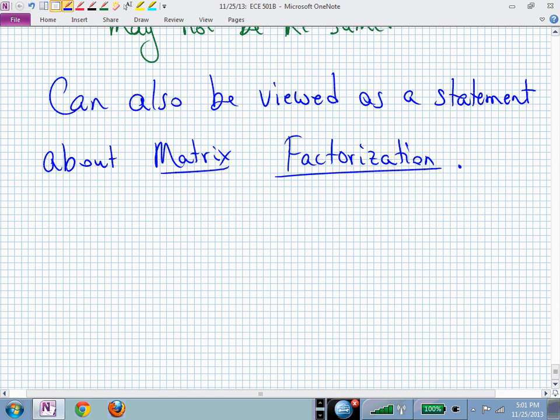And if you get confused, just think of the polar form of a complex number. It has a magnitude and an angle. That's basically what we've done here.